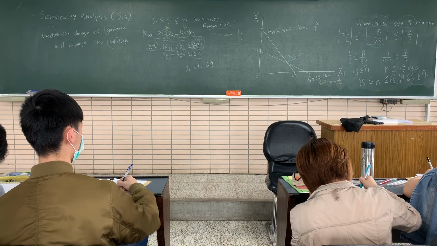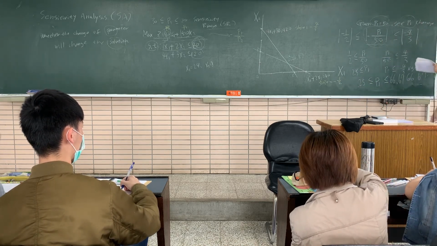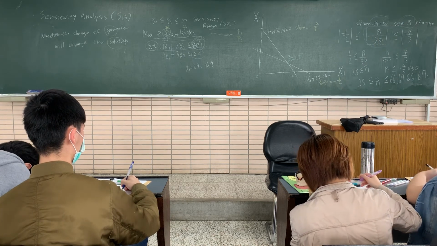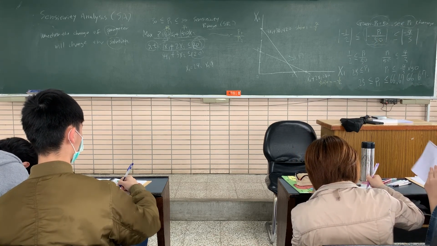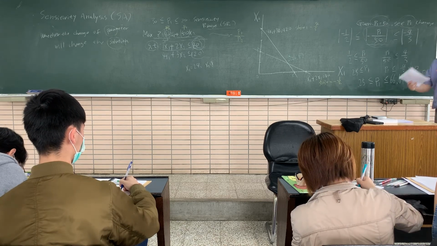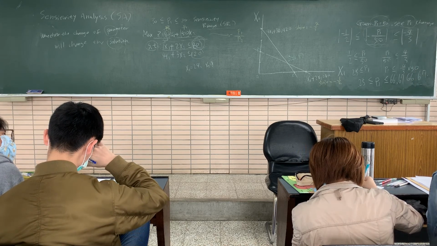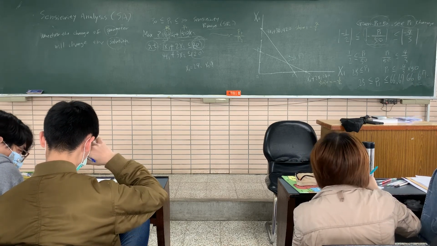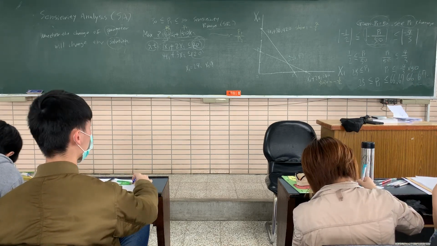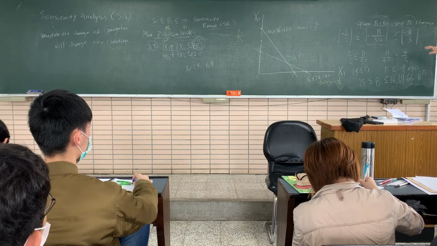Very easy. But if you use computer software, you can calculate the answer in just a second. Okay. In this situation, we focus on P1 change and P2 not changing.